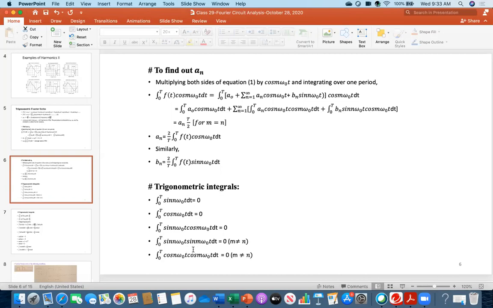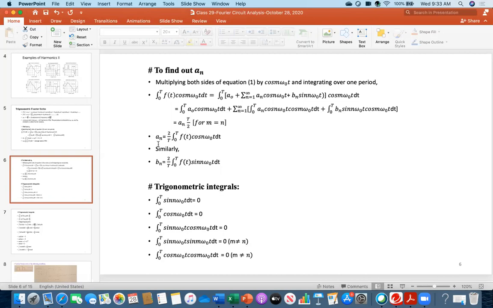Similarly, sine and sine will be 0 when m not equal to n. And then this one, sine cosine multiplication, is also 0. So if I use these, then this thing is 0, this thing is 0, and when m equals n, I am getting a n T over 2.